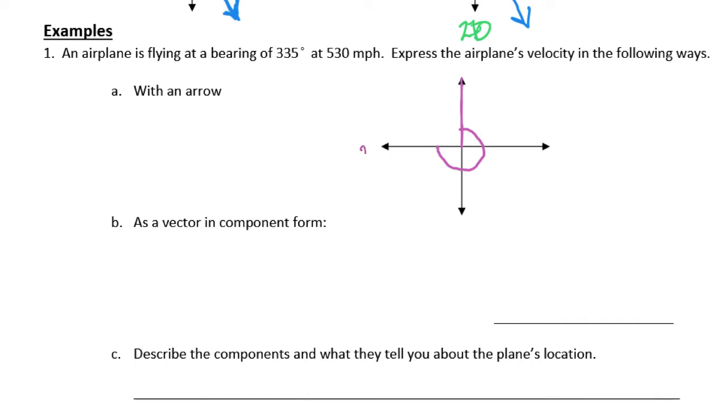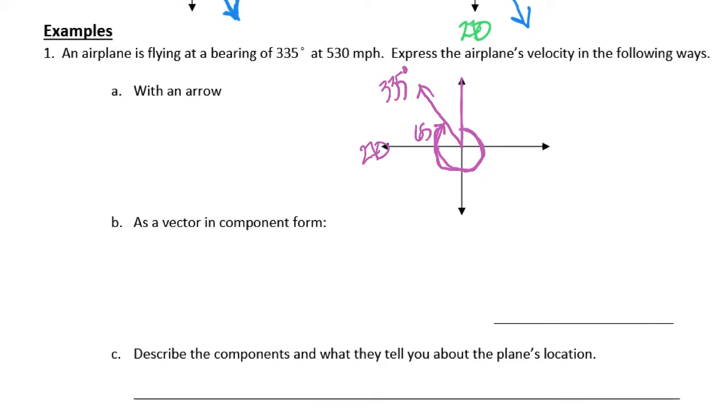This is 270, plus 65 degrees more would get us our 335. So this is a 335 bearing, 335 degree measure in bearings.